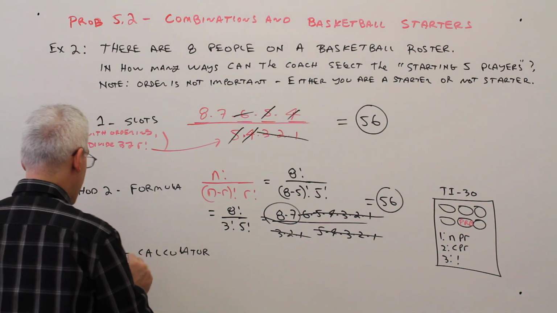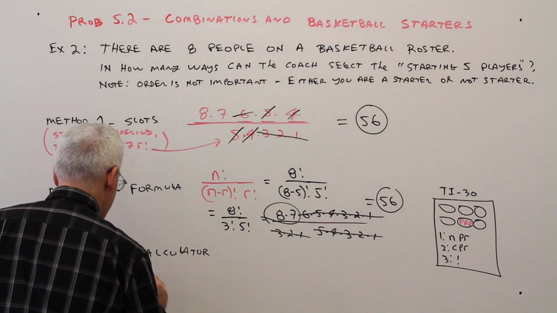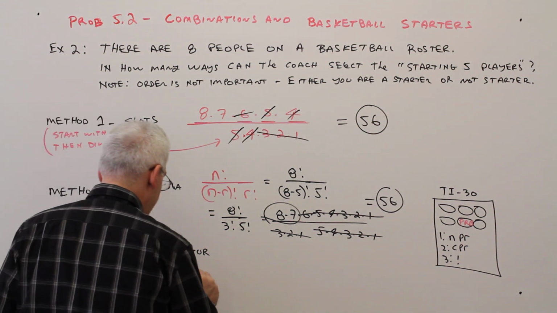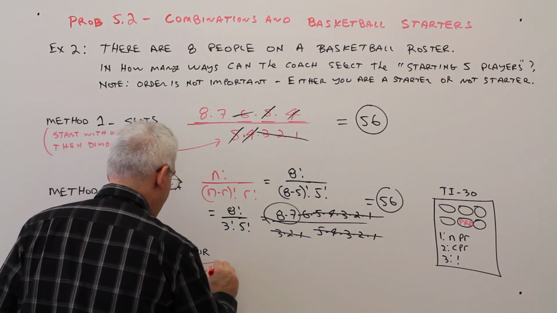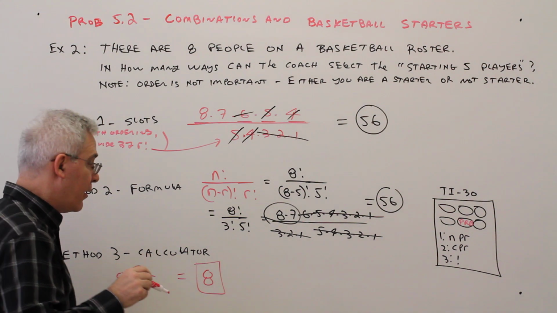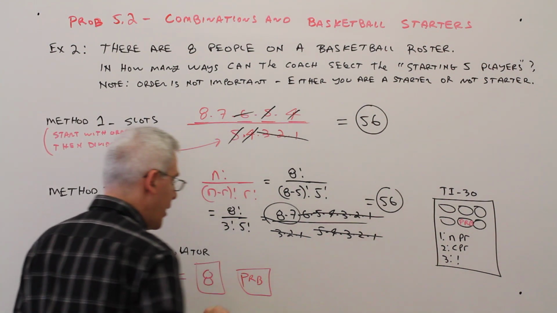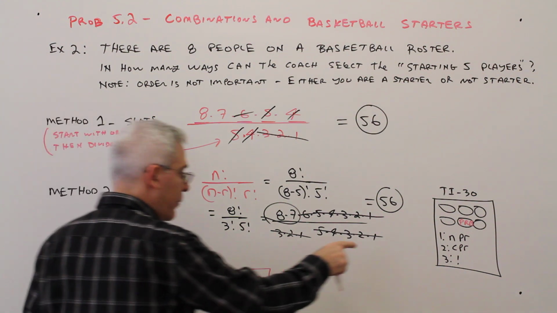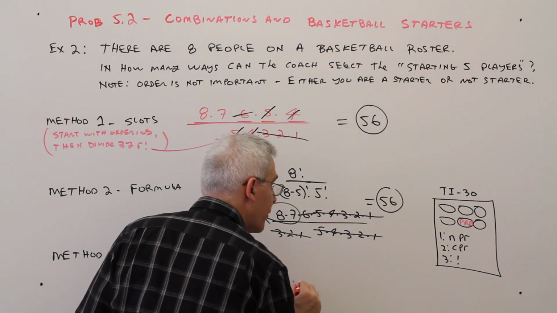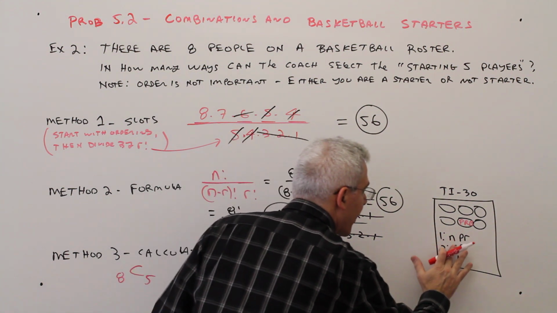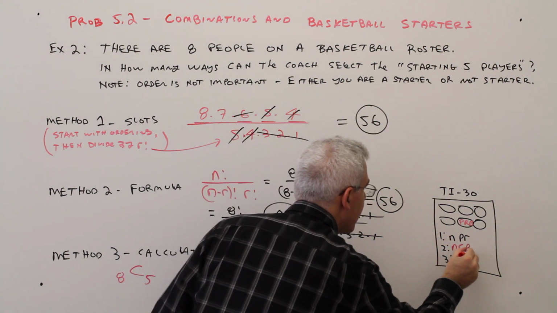we're going to do, out of 8, choose 5. So the keystrokes would be: press the 8 key on your calculator, then press the probability key, then press number 2, which is, sorry about that, that should be NCR.